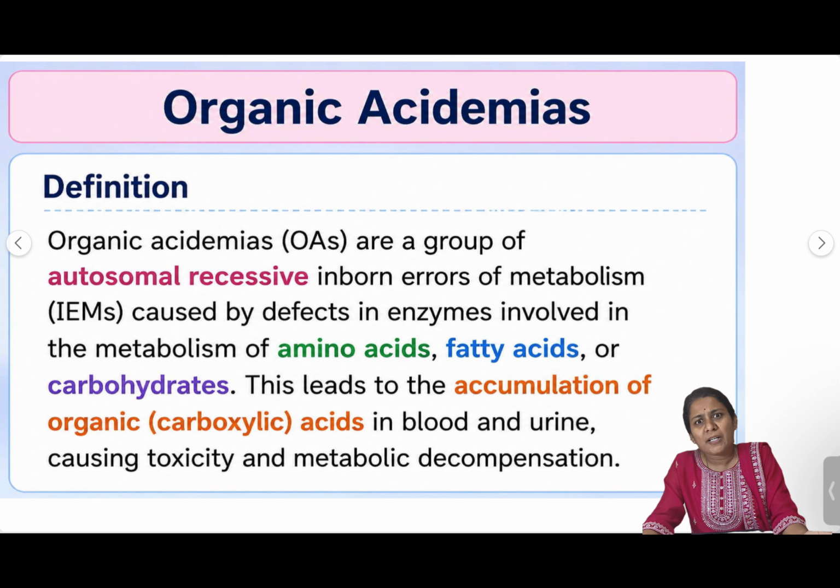Organic acidemia can also be due to mitochondrial disorders. The enzyme deficiencies lead to formation of organic acids. If there is a defect in a certain enzyme, there is accumulation of certain substances. That accumulated substance can be toxic to the body, brain and all tissues, or it can be converted into another substance which can also be harmful to the brain.